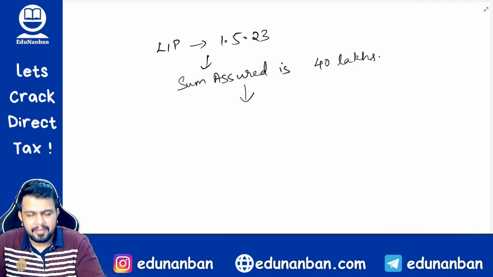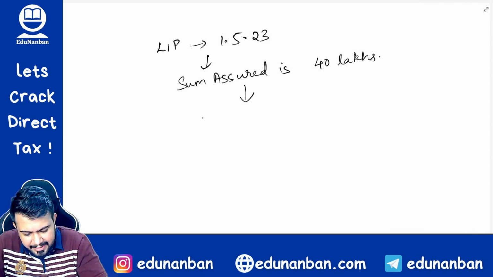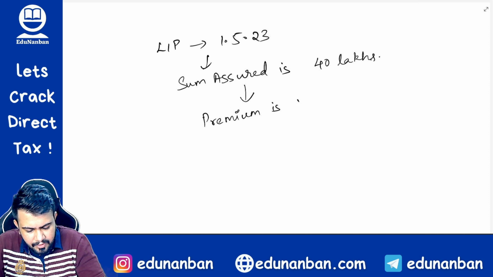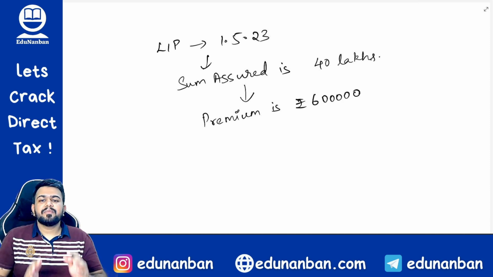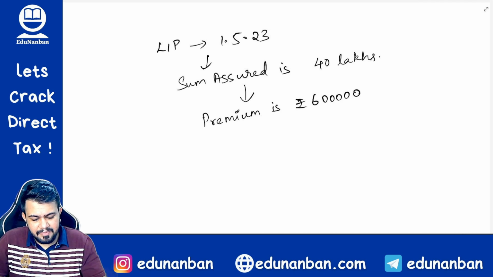And the premium payable every year is 6 lakh rupees. Sum assured is how much? 40 lakhs. And premium is how much? 6 lakhs. Fine.